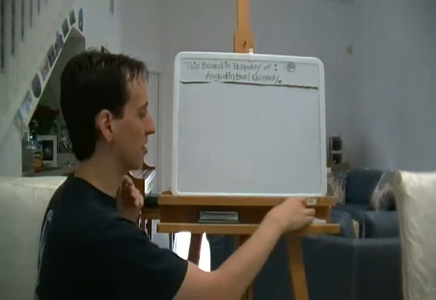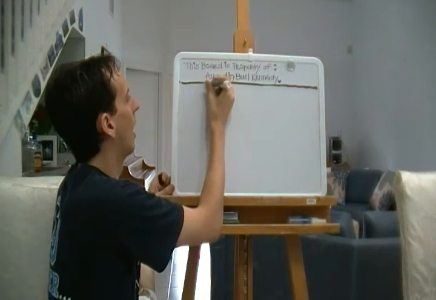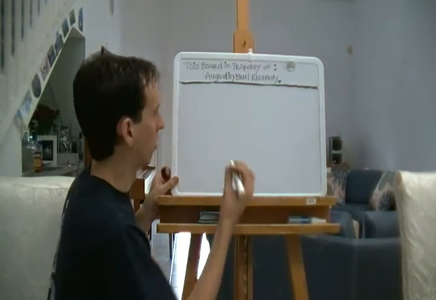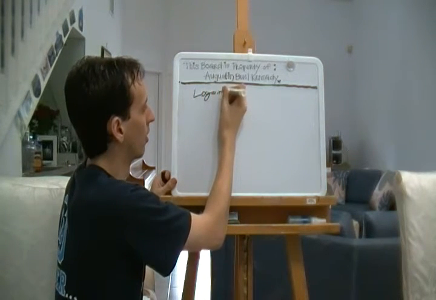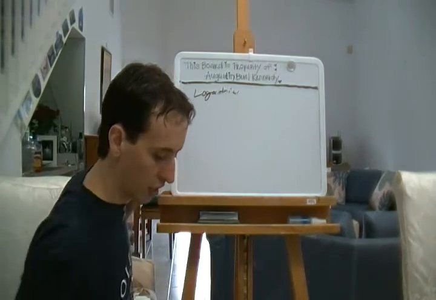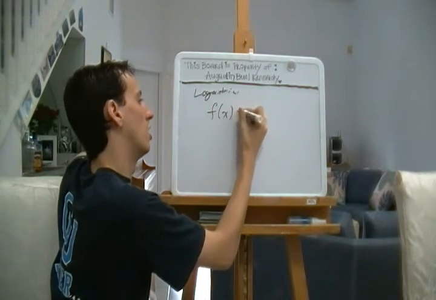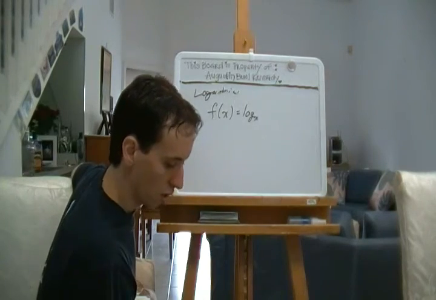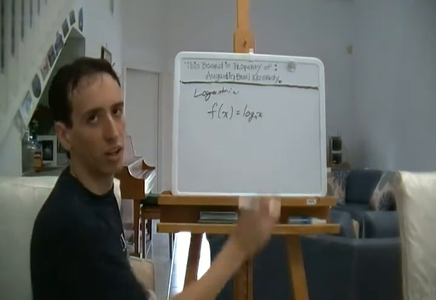Finally, the last two functions we'll look at are logarithmic functions. We're going to look at a lot of these. Basically, this is f of x equals log x, or log to the n. Basically, we're never going to use that.